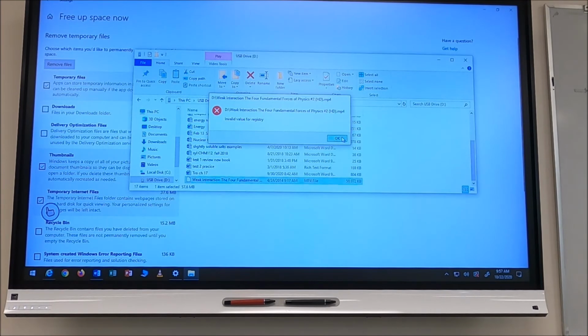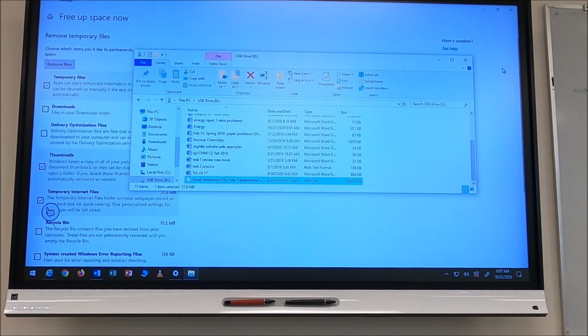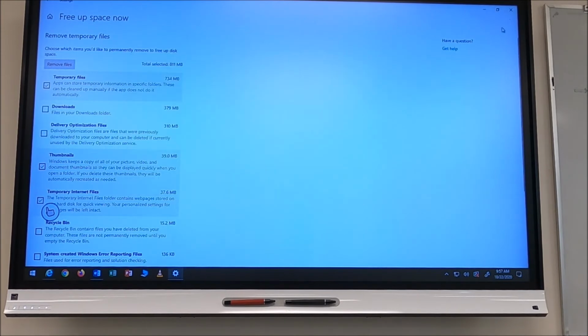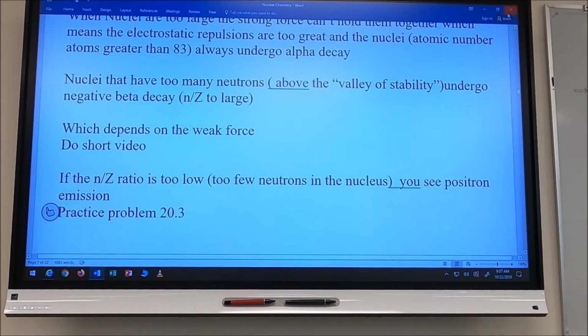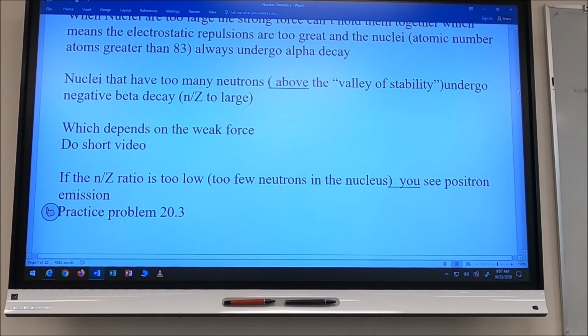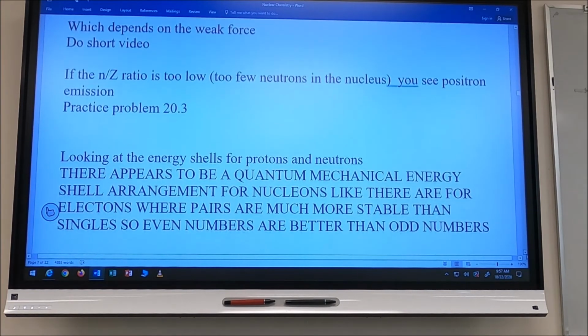Okay, this computer won't let me play it. Guys, I'm sorry, but this stupid computer won't let me play the file for you. I'll send you guys a link and an announcement, okay? So that you can watch the short video on the weak force. It's really neat. I think it would be worth your while to watch.